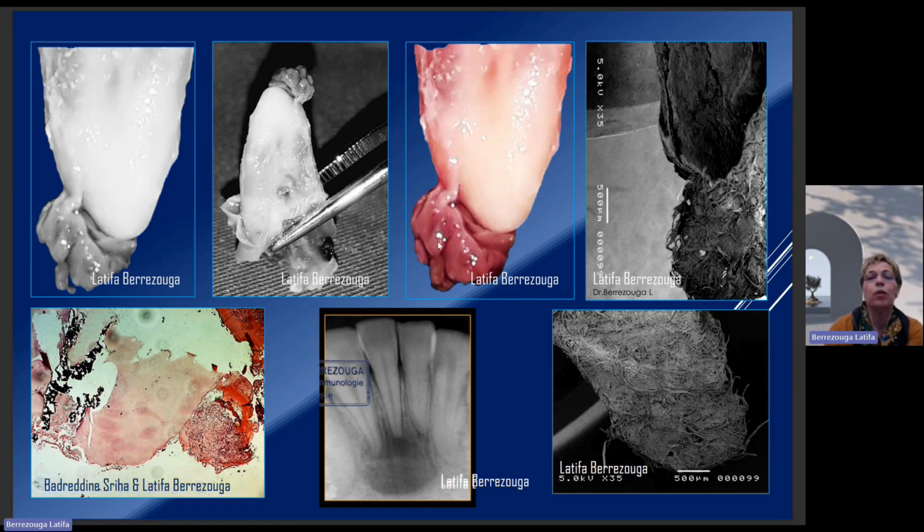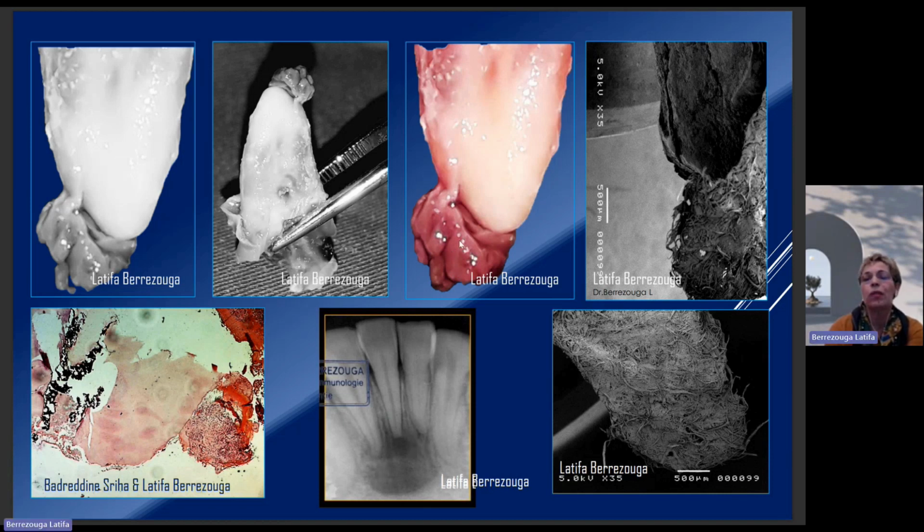This inflammation will substitute the tissues here, the periodontal ligament, the bone, and this lesion will develop because there's a resorption of tissues here.